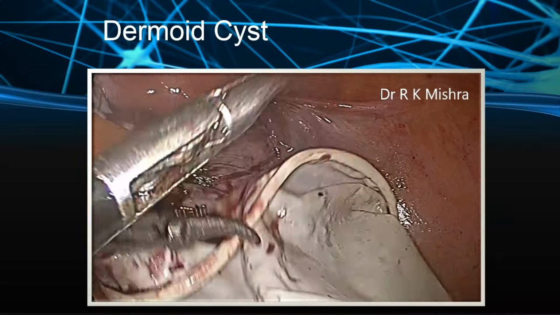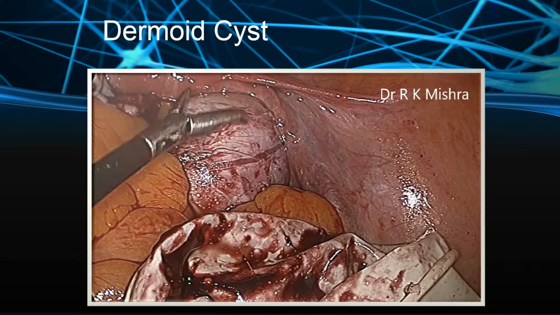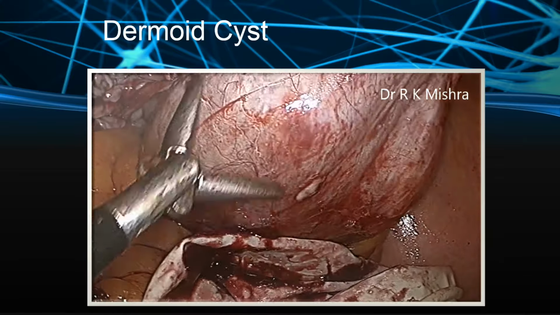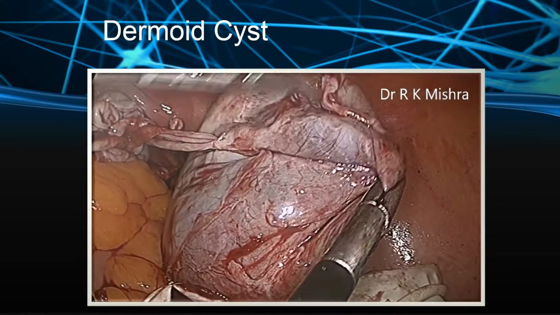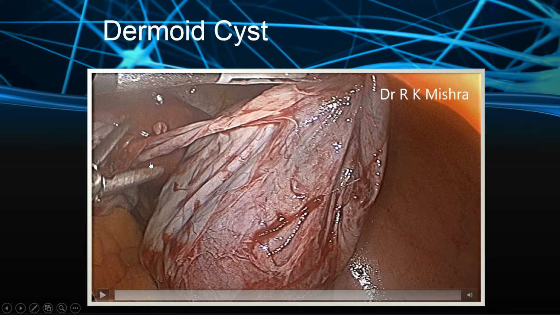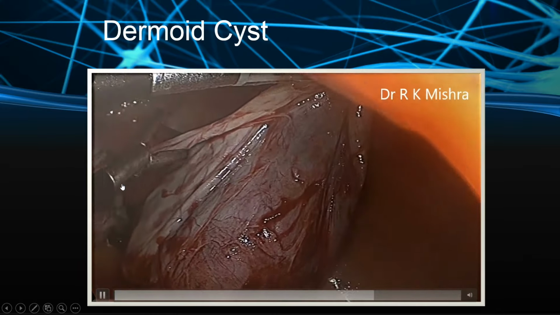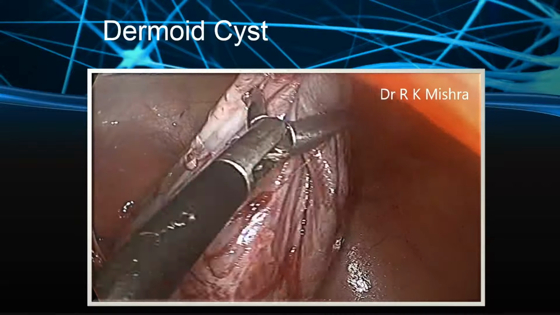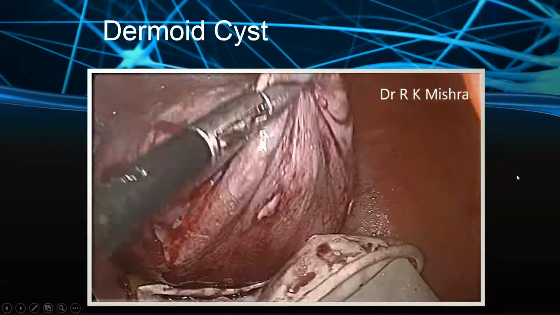Now, this is the endobag, and you have to roll it up into the endobag before taking the last part. This is the remaining ovary. Now, the entire cyst is out.